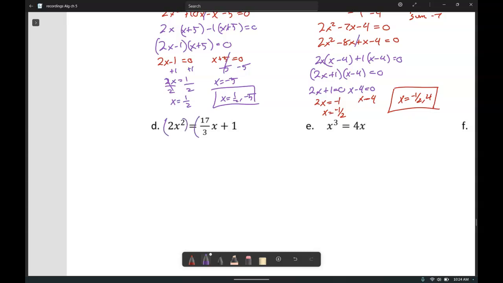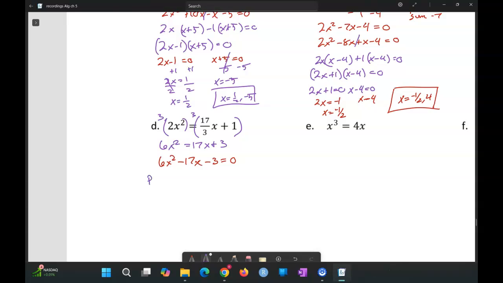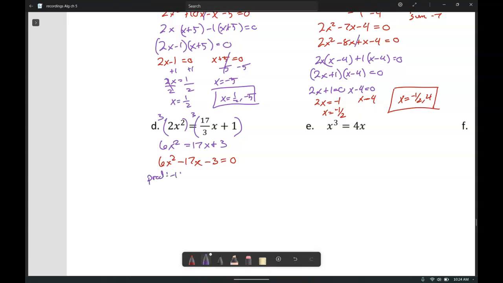Here, let's go ahead and start by getting rid of our fraction. Because we have an equation, we can multiply everything by 3, giving us 6x squared equals 17x plus 3. And then we can go ahead and write it in standard form. This makes it much easier for us to factor. Here we want a product of negative 18, a sum of negative 17.